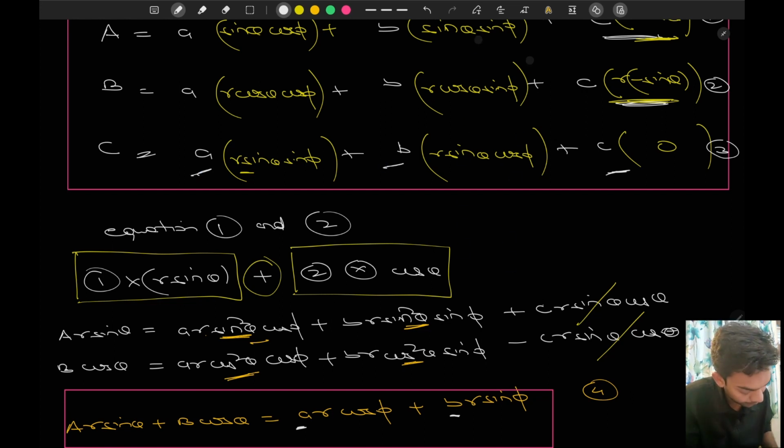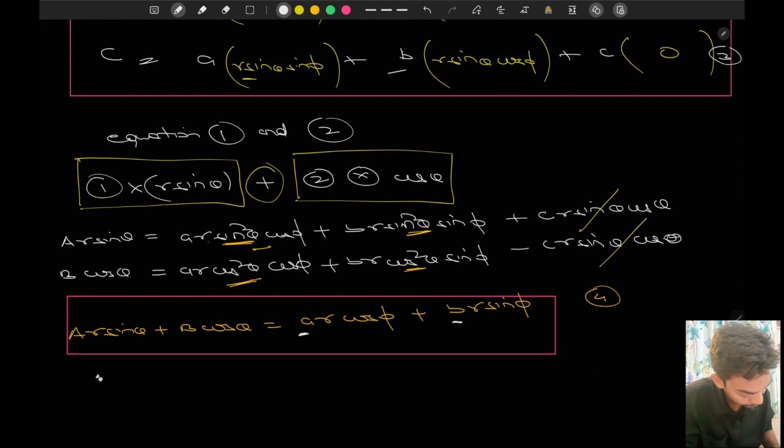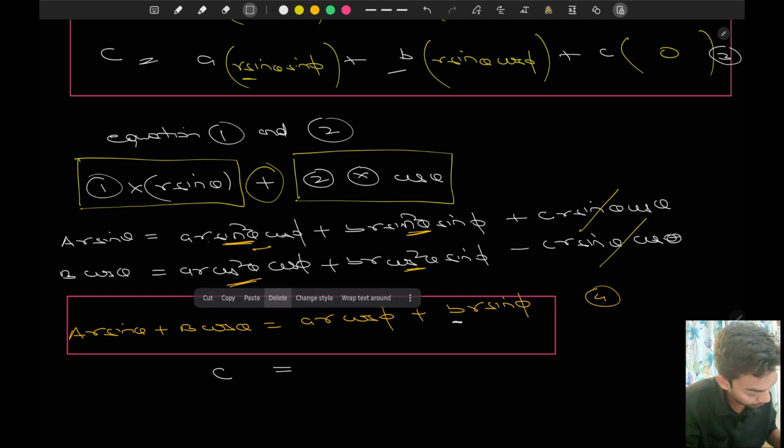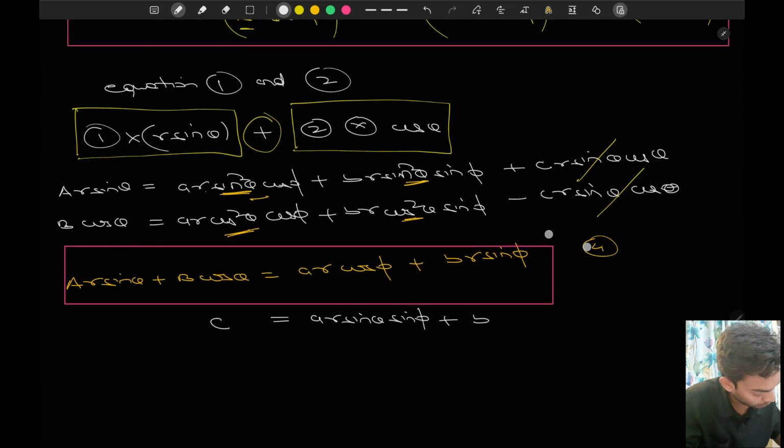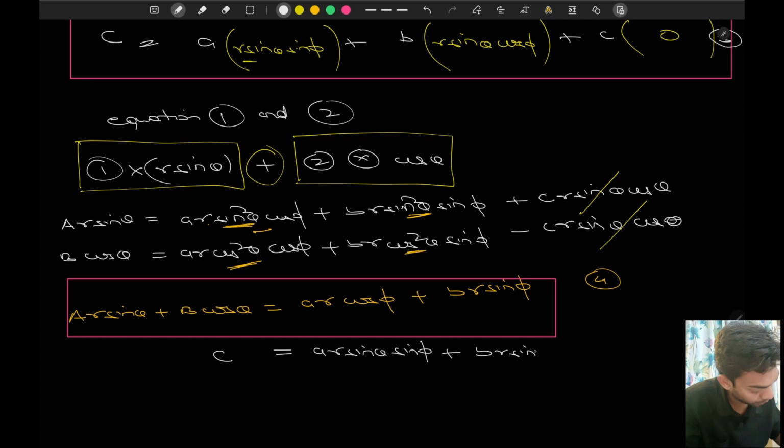So we have capital C is equal to AR sin theta sin phi plus BR sin theta cos phi.